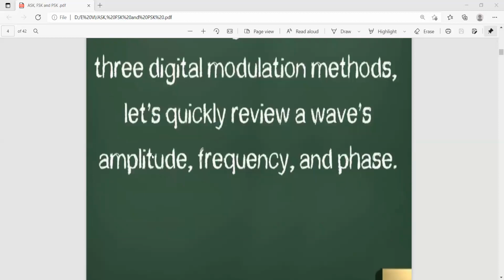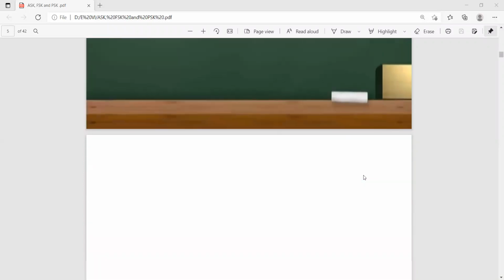The basic terms are amplitude, frequency, and phase. Keeping frequency and phase constant and varying only the amplitude is amplitude modulation. Keeping amplitude and phase constant and changing the frequency is frequency modulation. Keeping amplitude and frequency constant and changing only the phase is phase modulation.